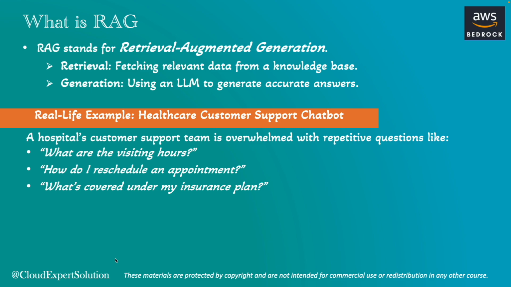Manually answering all these questions is time consuming, and a generic LLM might provide outdated or incorrect information. As an example, insurance plan coverages change frequently or vary by provider. If a generic LLM model provides outdated information to customers, then what is the solution?